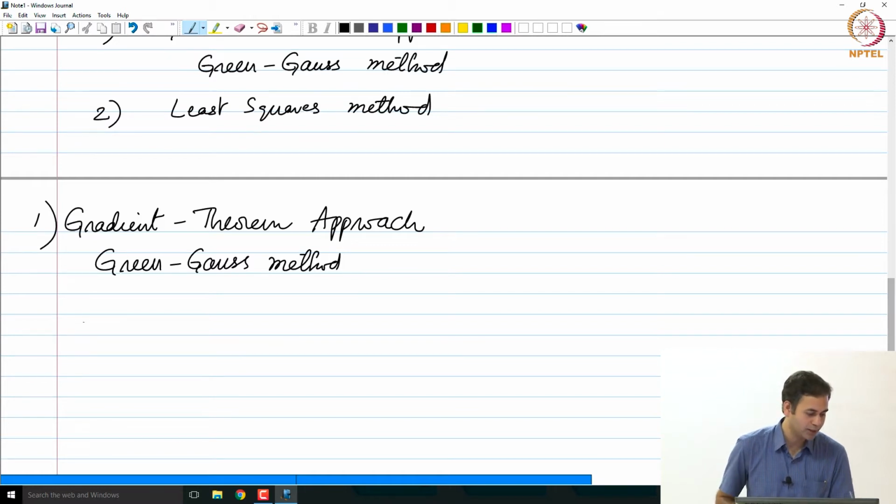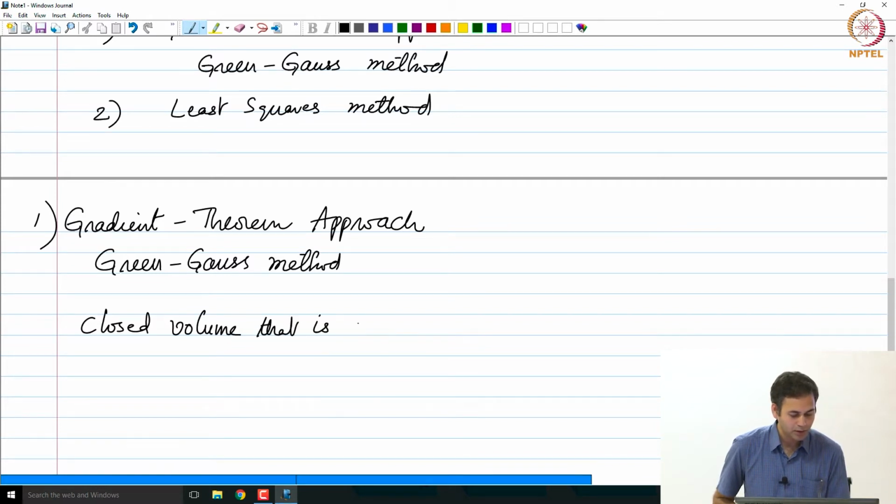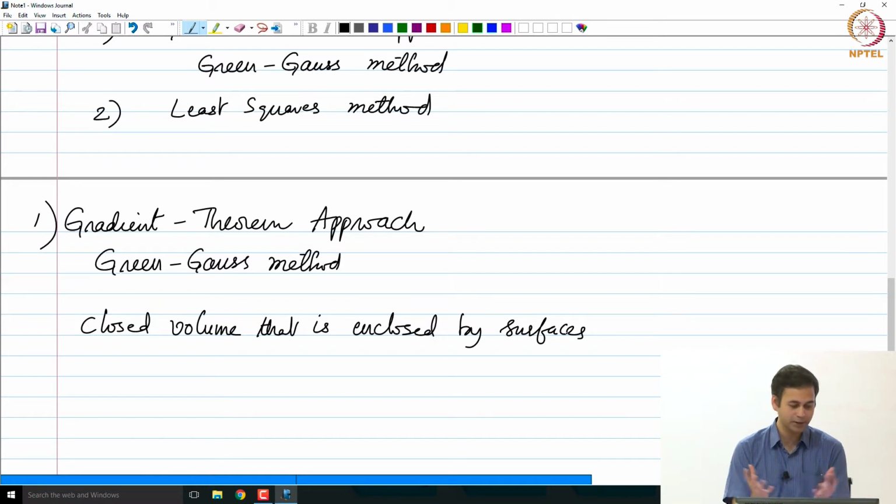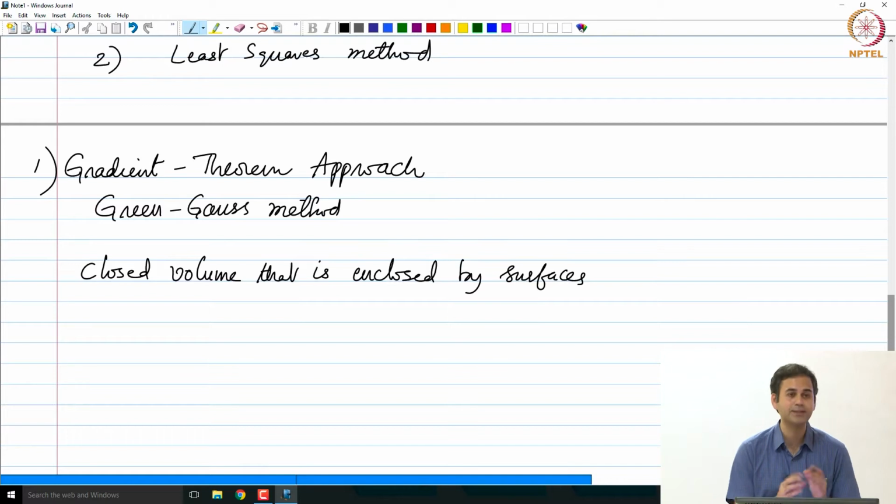Let us say we are considering a closed volume that is enclosed by surfaces. These surfaces completely close the volume, there are no openings. So, we consider a cell to have the same property.